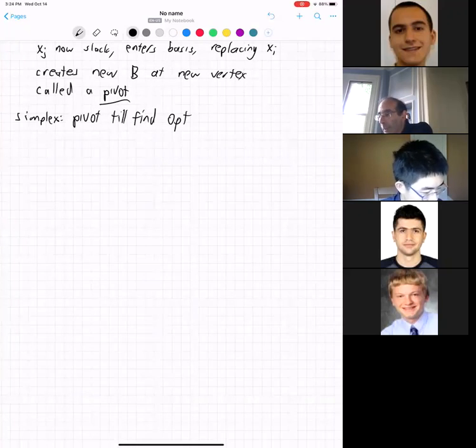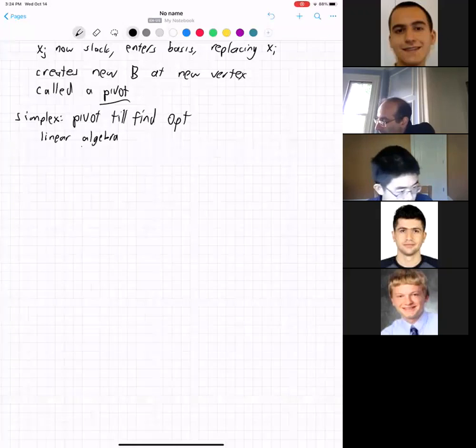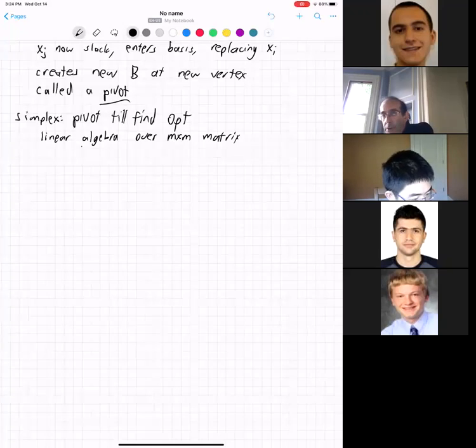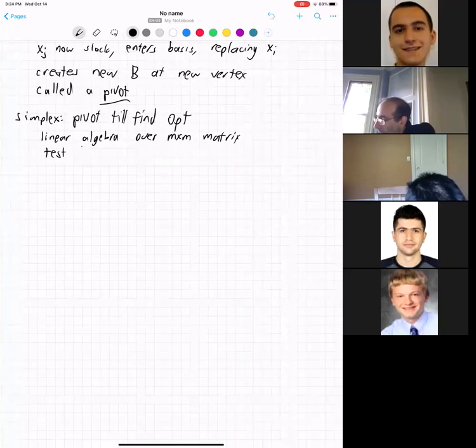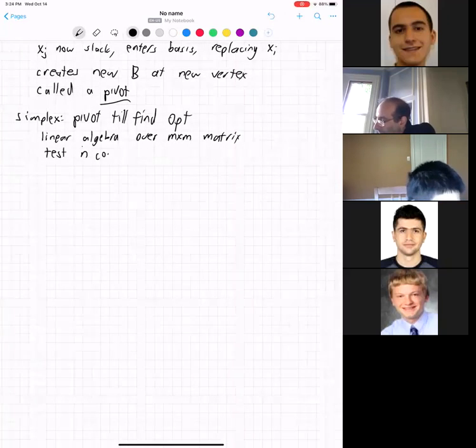And if we want to fill in a little bit of the details, to do a pivot, we have to do some linear algebra over an m by m matrix to get our reduced costs and such. And then we need to test n constraints to see which gets tight first.